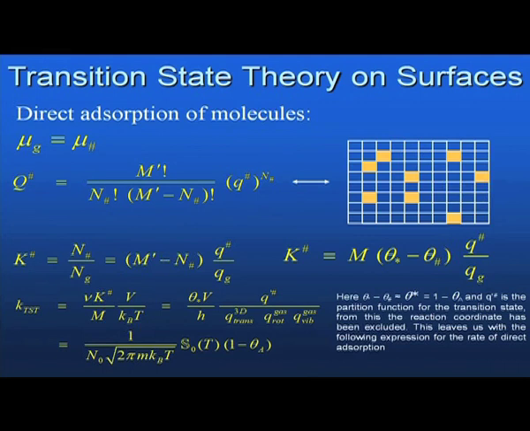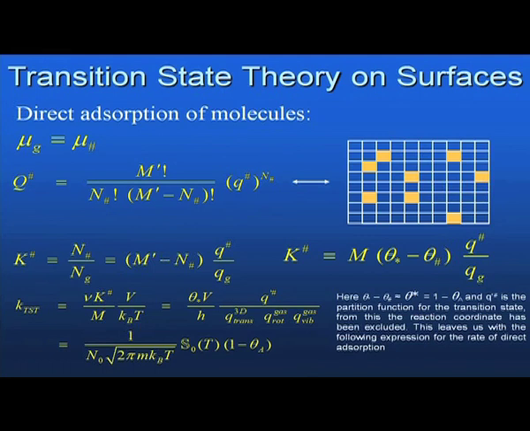So, kTST will come out like this: Q primed double dagger divided by Q trans 3D. The situation is different because in the case of indirect adsorption, we could have written Q 2D trans, then Q double dagger rotation, Q double dagger vibration, but here we cannot write that.